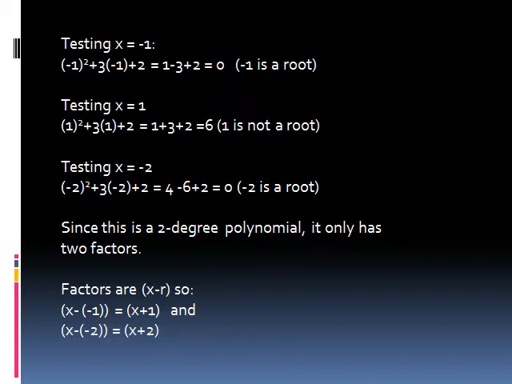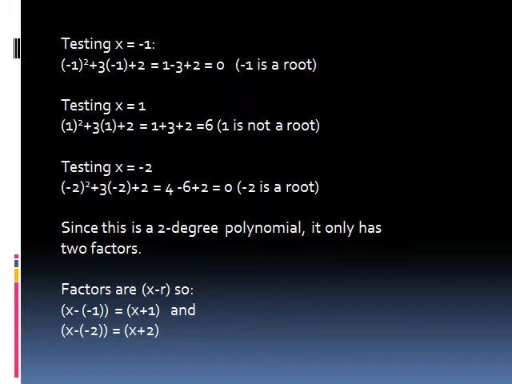So let's start testing where x equals minus 1. If we replace x with minus 1 in the equation, we have minus 1 within brackets squared plus 3 times minus 1 plus 2. This equals 1 minus 3 plus 2, which equals 0.